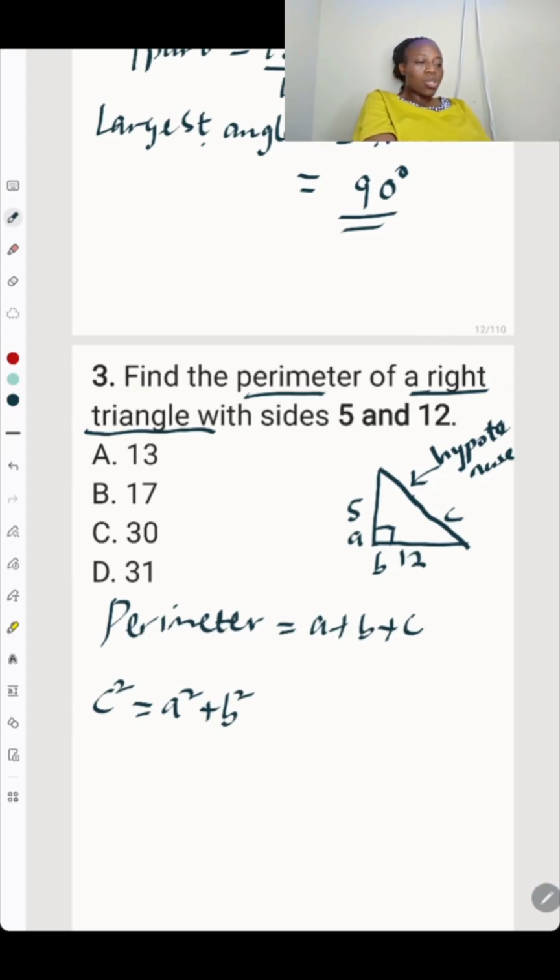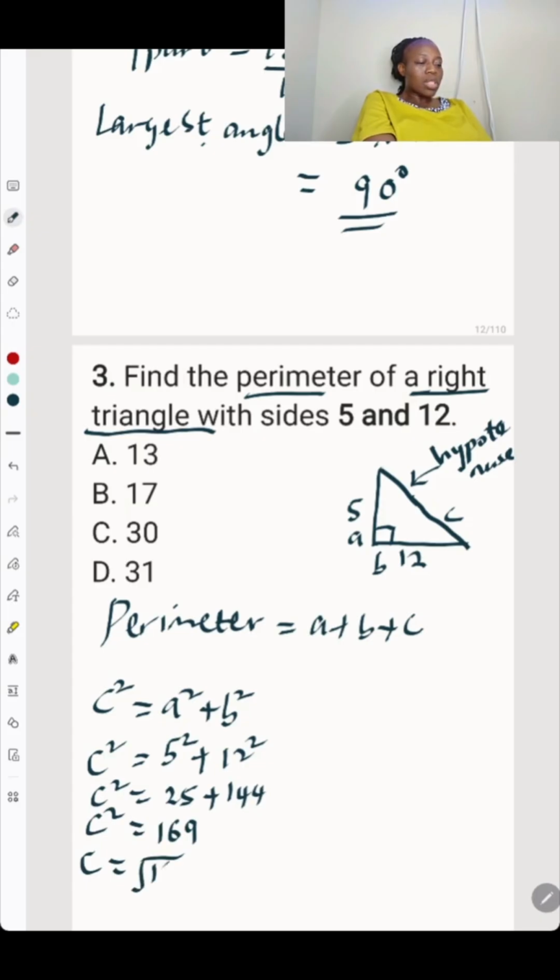So this is going to be 5 squared plus 12 squared. So C squared will be 25 plus 144. C squared will now be 169. Then C will be the square root of 169, and C is 13. Now that C is 13, we can go back to perimeter.